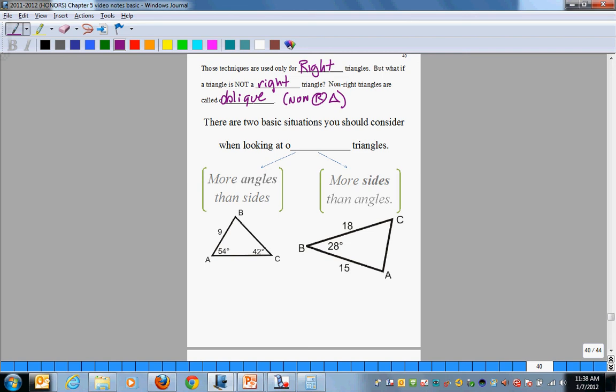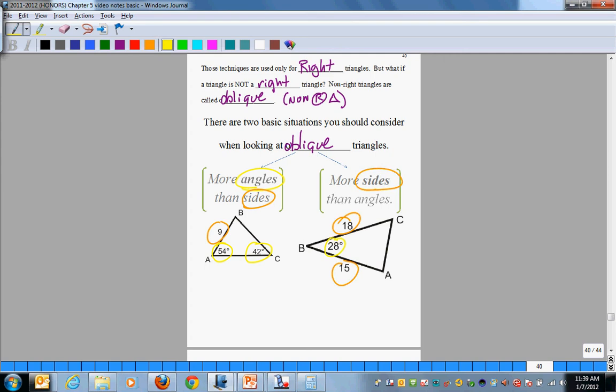There's two basic scenarios when you're looking at oblique triangles. The two scenarios are this. One is that you have a given situation where you have more angles than sides, and another one in which you have more sides than you have angles.